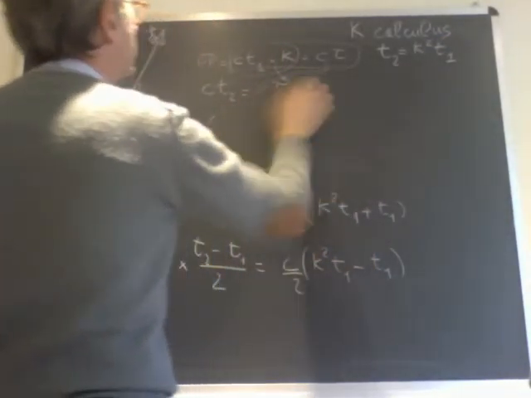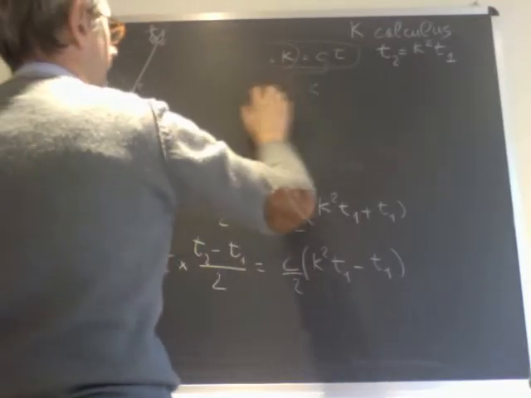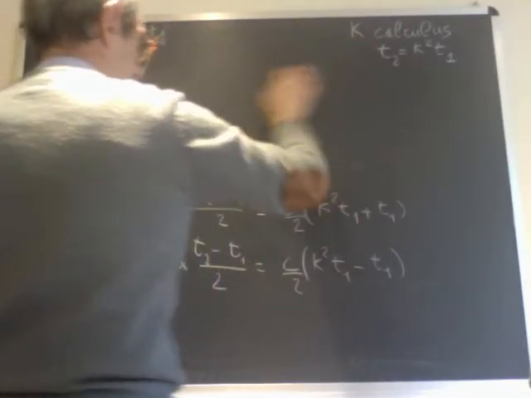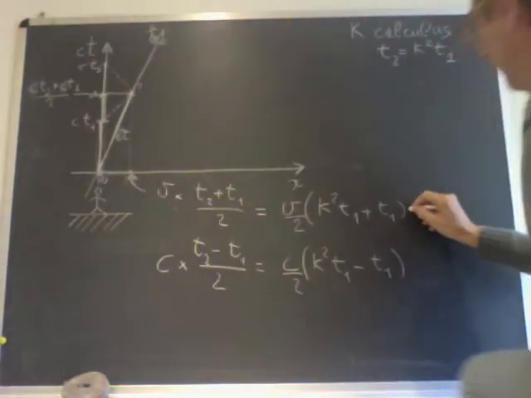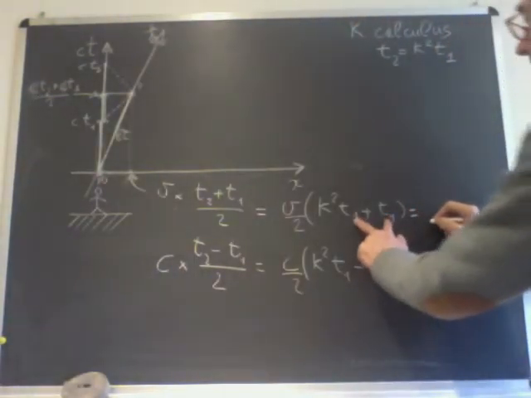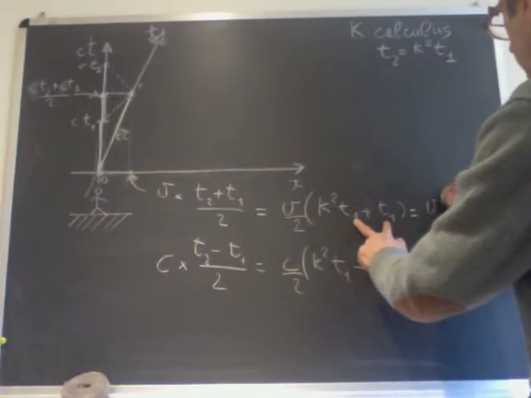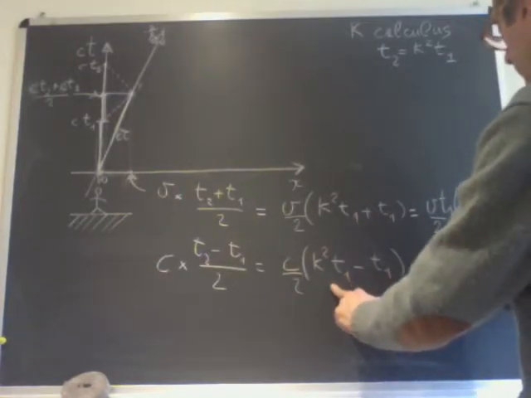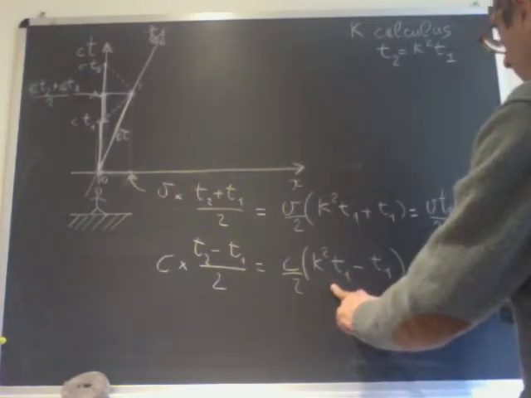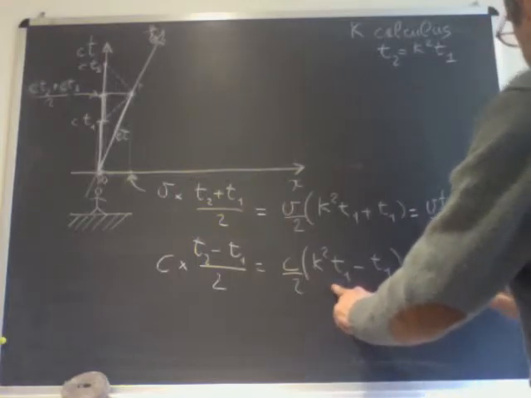And I cancel something. Okay. Well, I can factorize t1, and this is v t1 over 2 times k squared plus 1, and this one is c t1 over 2 times k squared minus 1.